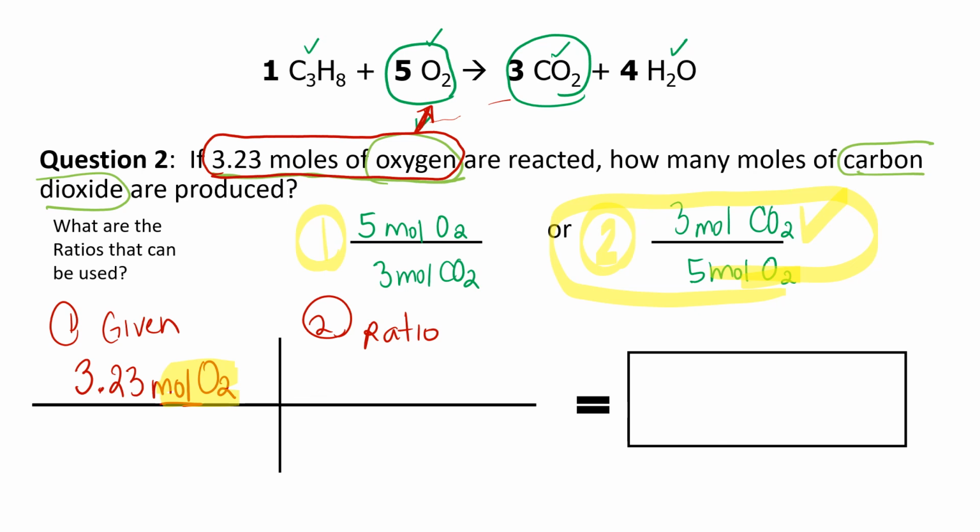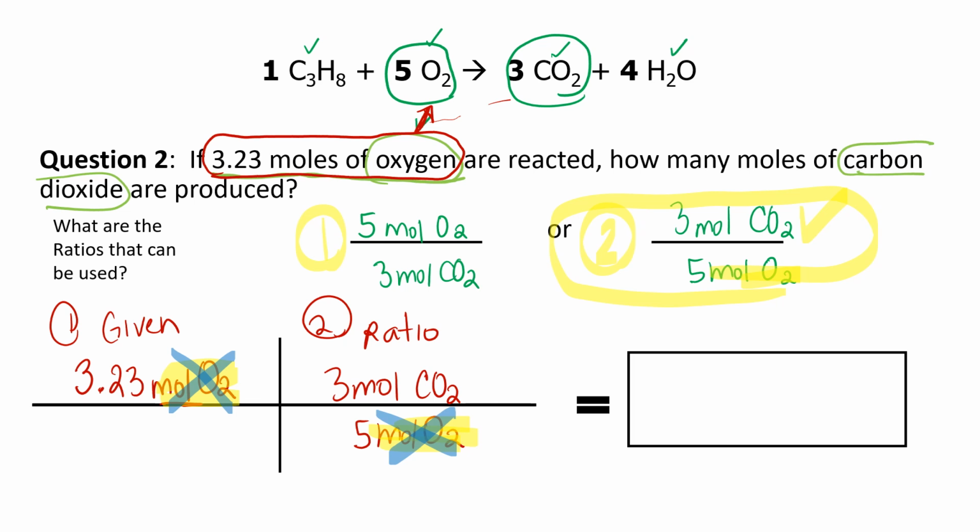Okay, so now I'm going to go ahead and write down that ratio, 3 moles of carbon dioxide over 5 moles of oxygen, which now matches, like I said, what I had in the given. So now I can go ahead and cancel these because they match.